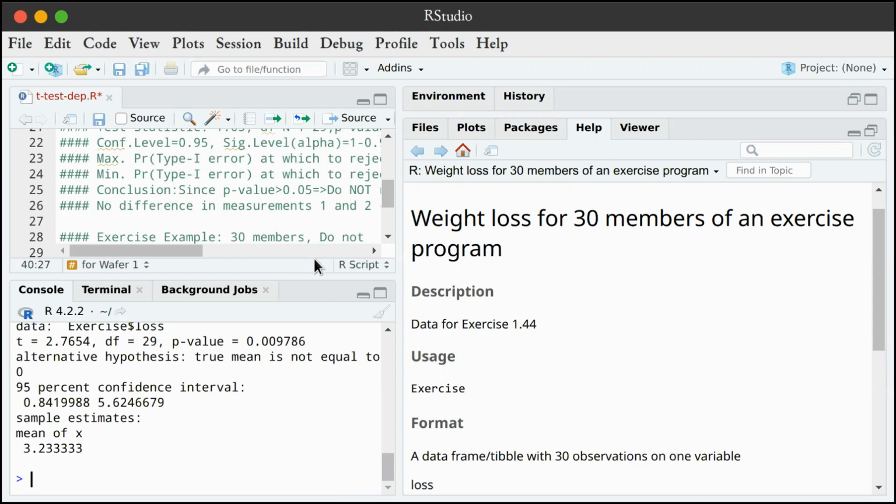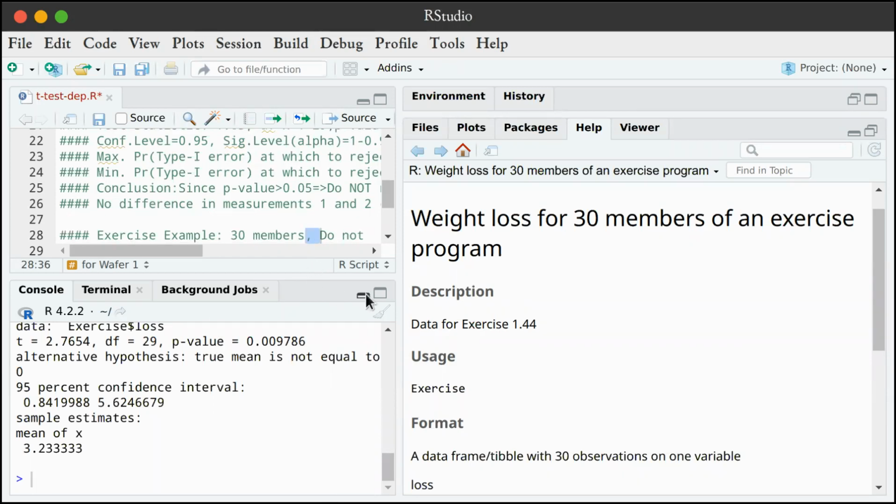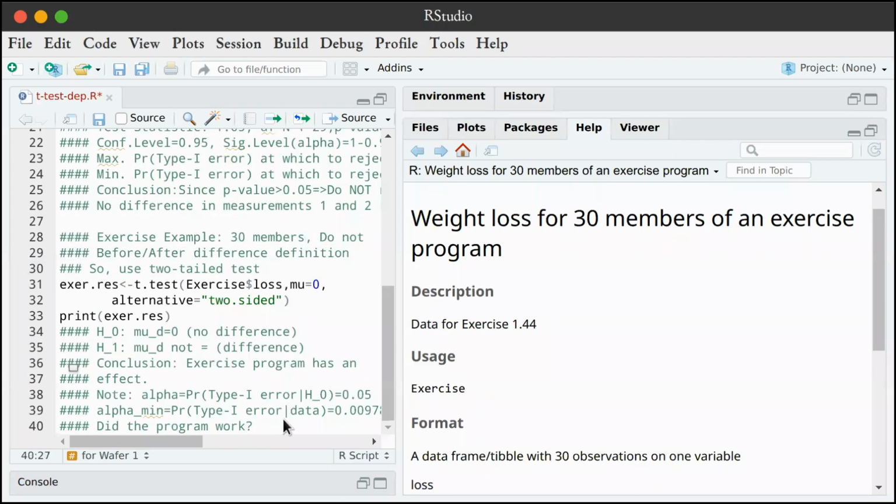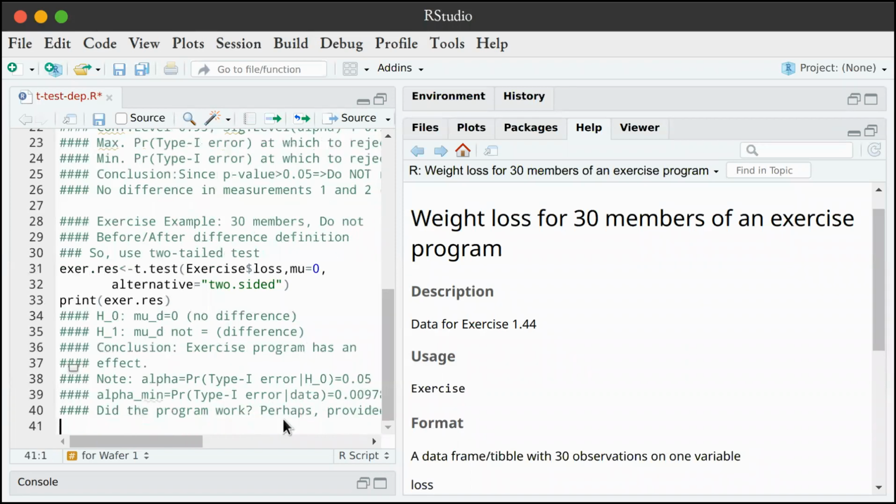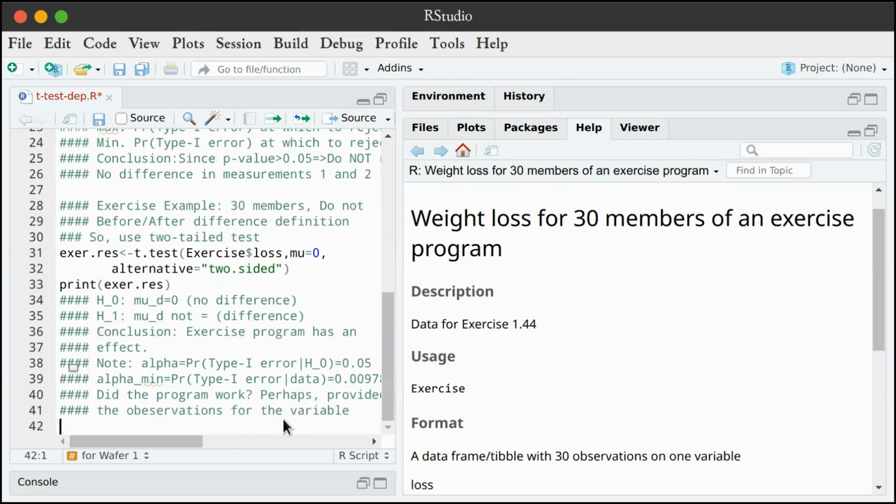So, I would say perhaps, provided the observations for the variable loss based on A equals before minus after.